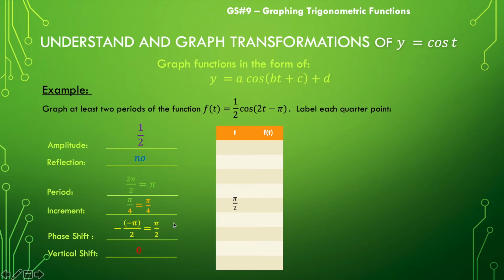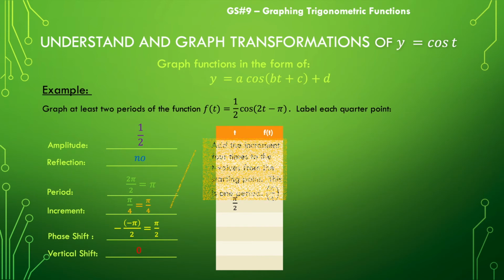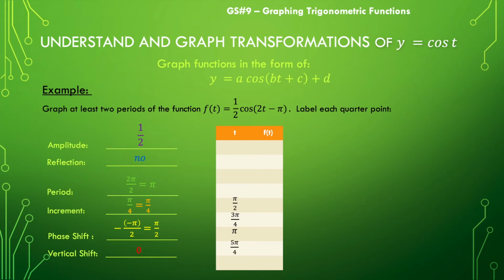To do that well, we think of π over 2 as 2π over 4, because then we can add π over 4 and get 3π over 4, 4π over 4, which reduces to π, 5π over 4, and 6π over 4, which reduces to 3π over 2.